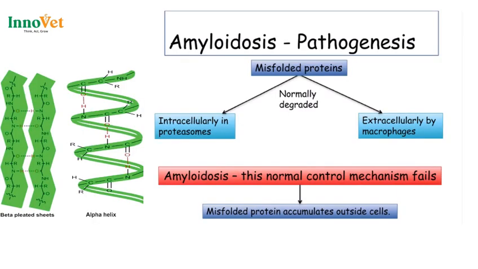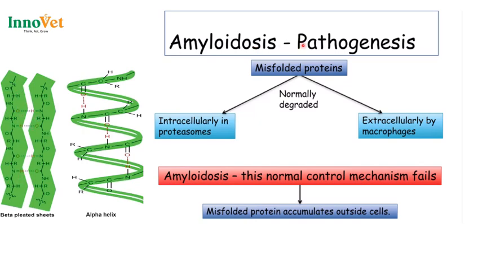So here we can appreciate the pathogenesis, and then here in the left corner we can see the configurations. The beta-pleated sheets will look like that, and then the alpha helixes, which are the normal configurations of protein, are like this. So the amyloids usually take up the other structure of beta-pleated sheets.